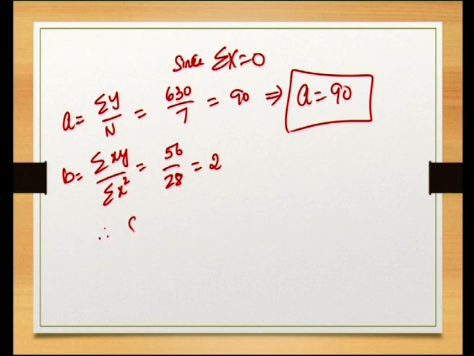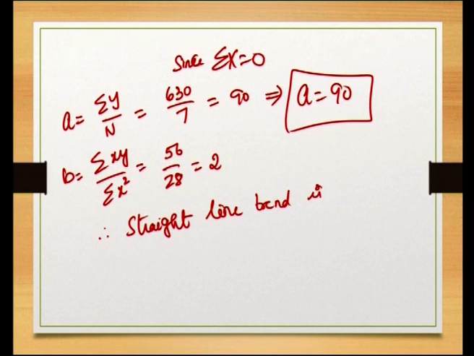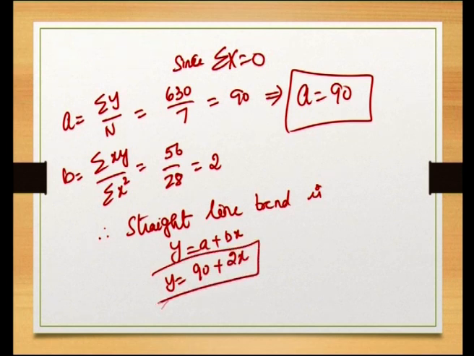Now, therefore, the straight line trend is y is equal to a plus bx, therefore y is equal to 90 plus 2x. Okay, this is the trend equation.